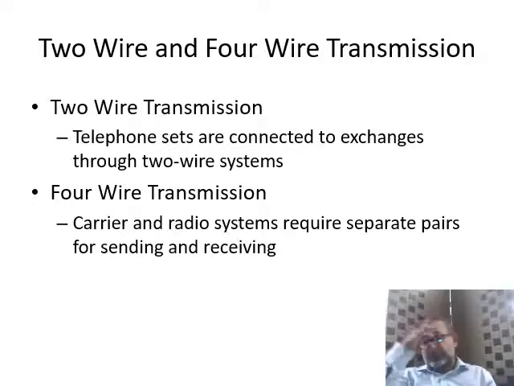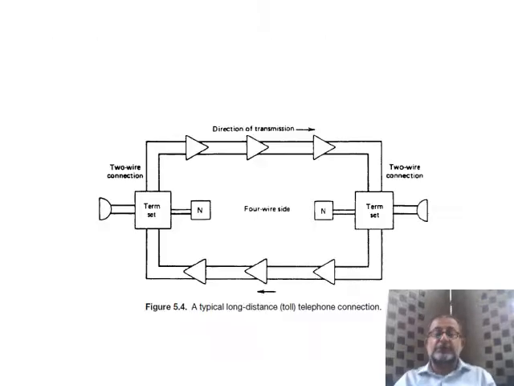In that case also, we need to convert those two-wire signals, which have both the incoming and outgoing, or the received and the sent signals of voice. Here in this case, the received and the sent signals are kept on two separate pairs. So we have got a four-wire transmission system.